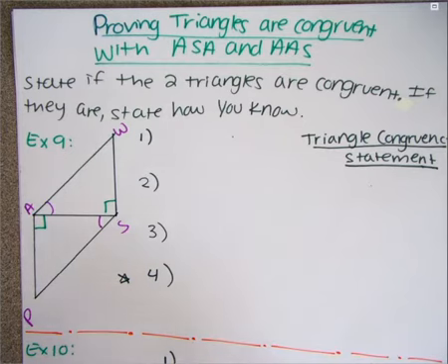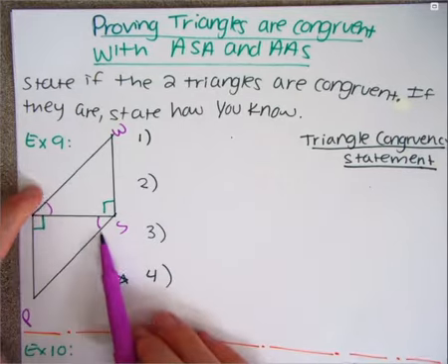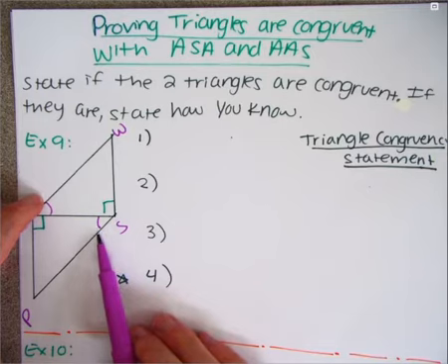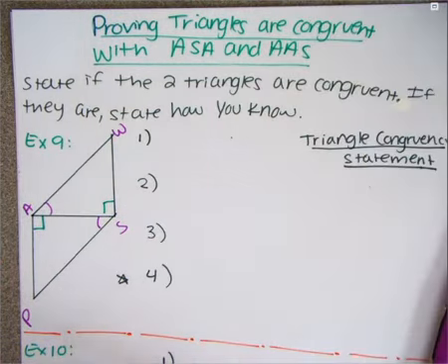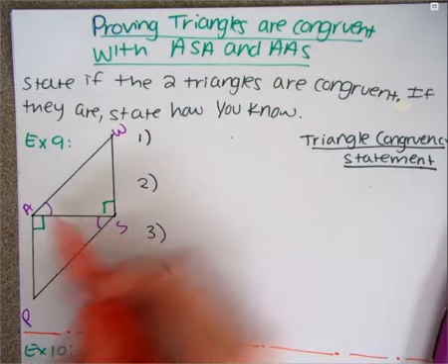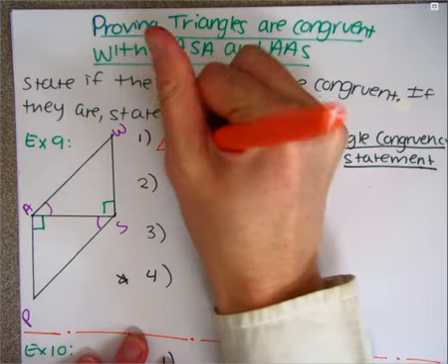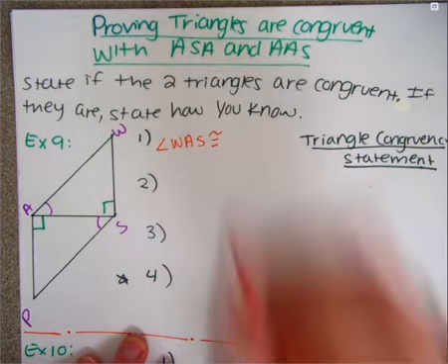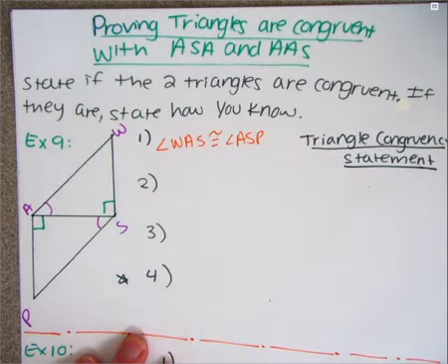Okay, let's see here. So far I spot 2 congruent angles, and I actually see 2 pairs of congruent angles. The first ones I see are these 2 angles right here. So I know angle WAS is congruent to angle ASP.